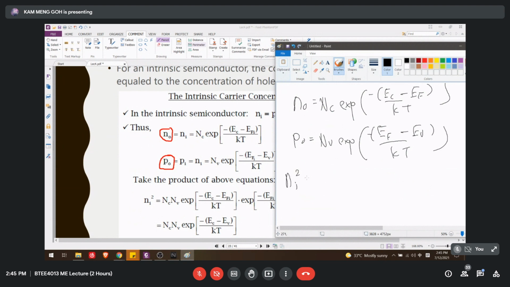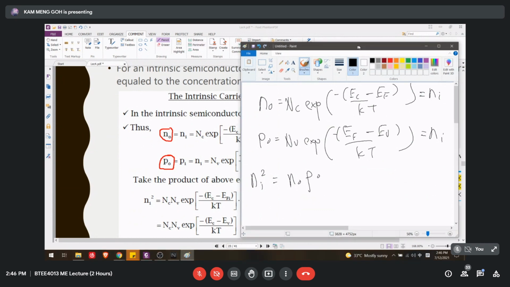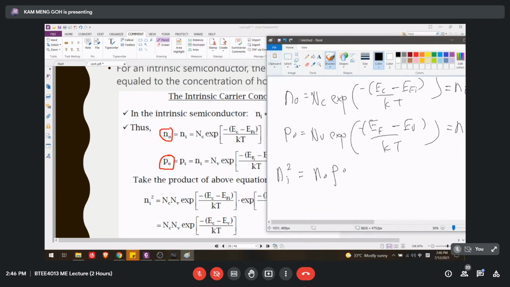This Ni square will be the N0 multiplied by P0, because it is assumed that in the intrinsic carrier concentration, the N0 should be equal to Ni. The P0 also should be equal to Ni. In the intrinsic semiconductor, then your EF must be the EFi, the intrinsic Fermi energy level.